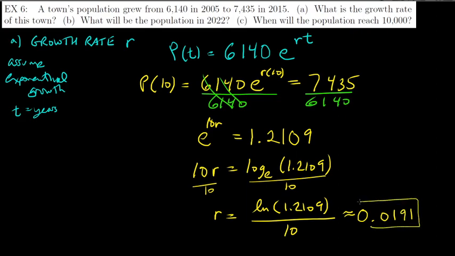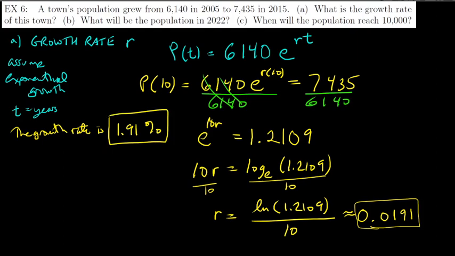So 0.0191, let's say. As a percentage, of course, the growth rate, if you multiply by 100, the growth rate is 1.91%. So I think that's what they're looking for. So about 1.91%.